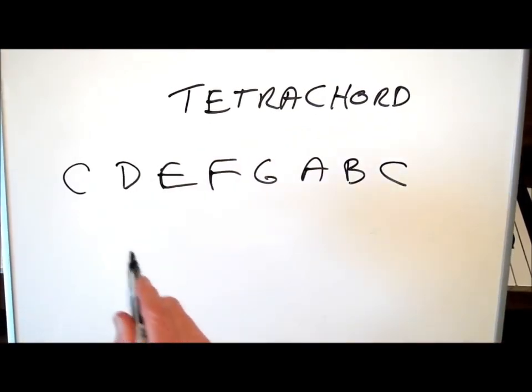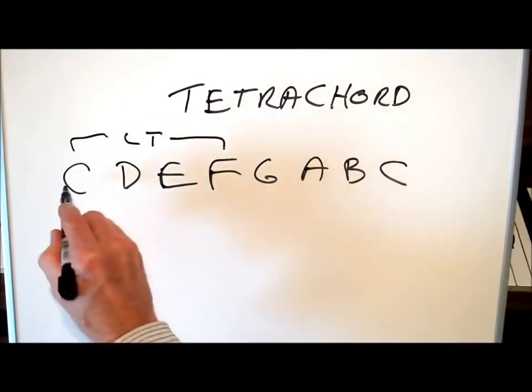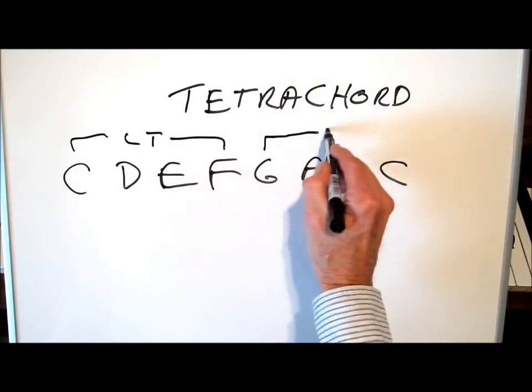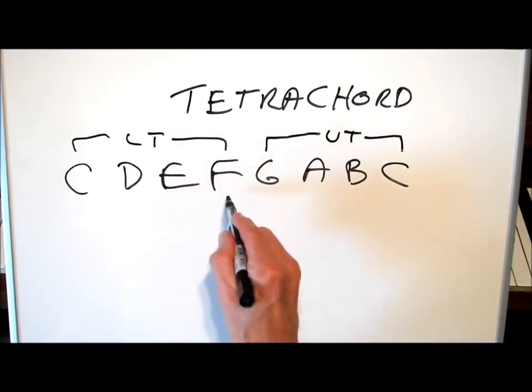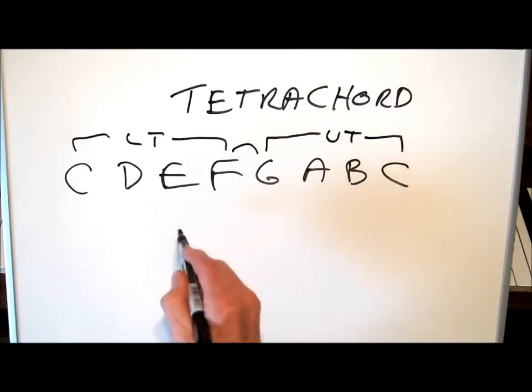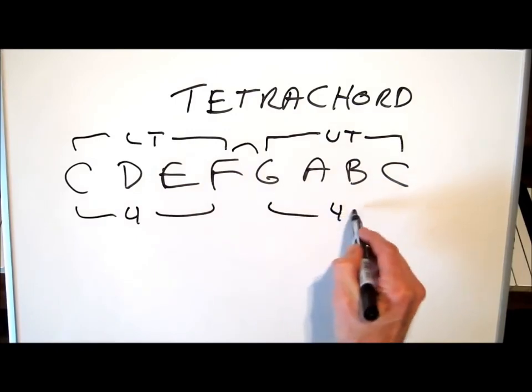And we can see now that we have a lower tetrachord, these 4 notes, and then we have an upper tetrachord. And then we have this bridge or link between the 2. Here we have a perfect fourth, here we have another perfect fourth.